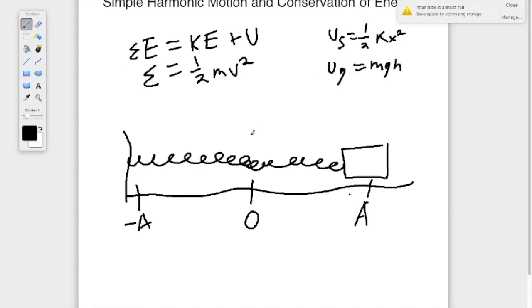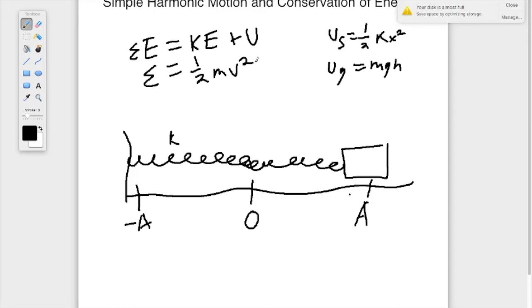As long as it's on the same level vertically, meaning it doesn't go up or down, just left and right, then we don't need to regard gravitational potential energy. But we see that it's on a spring with some spring constant k, and the position always changes. It's never constant because it's oscillating back and forth.